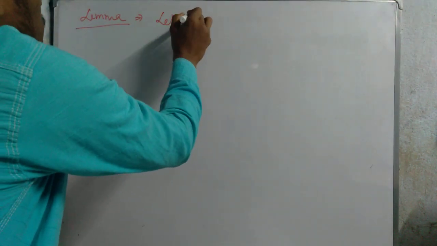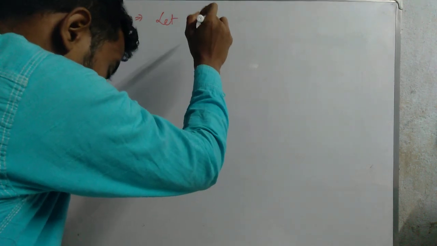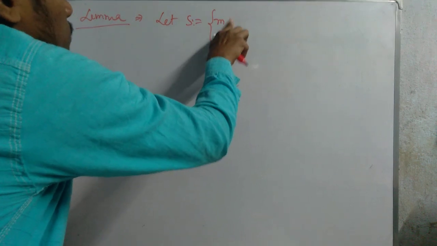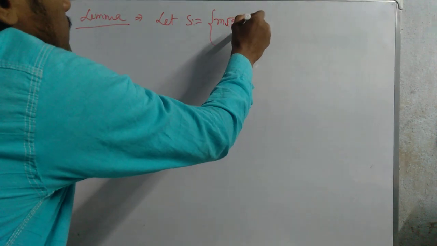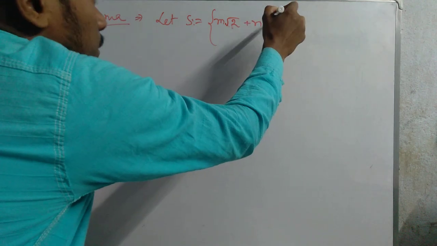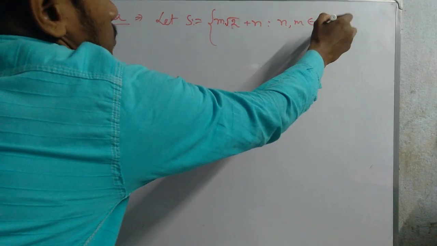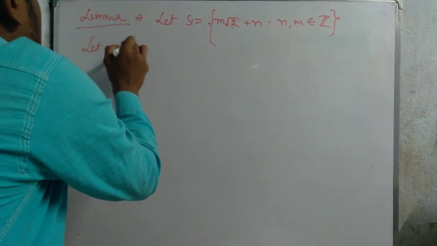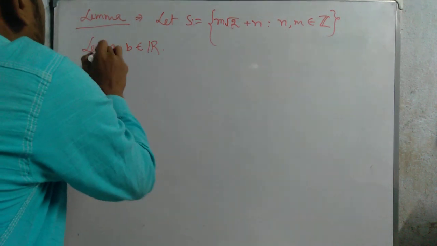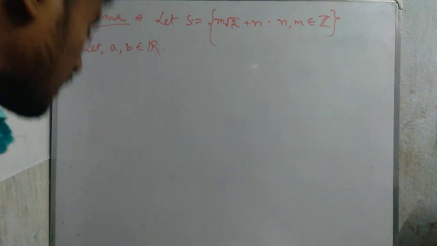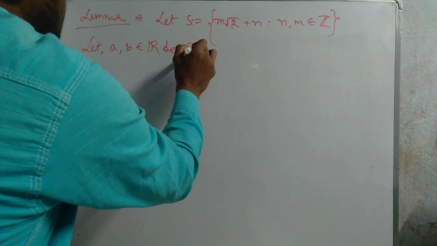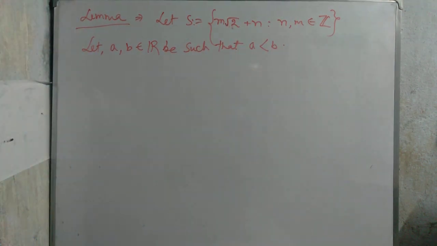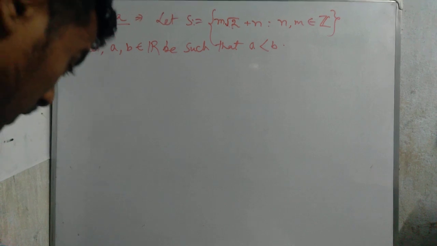Let S equal to the set of m plus n root 2, where m and n belong to Z. Let a, b belong to R be such that a is less than b.